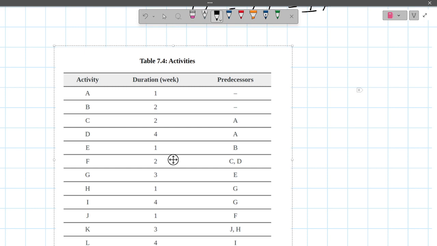I'll try that tonight and see if it is readable. If it is, I'll post it in Brightspace along with a Dropbox for it. But what I'm looking for is that you take these activities, A through M, and build them as an activity on the arrow. Okay, so I guess I should write that down.